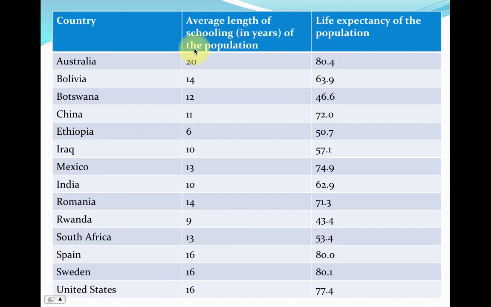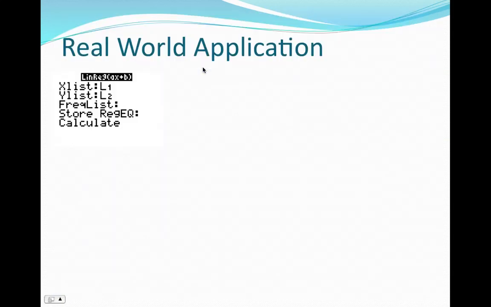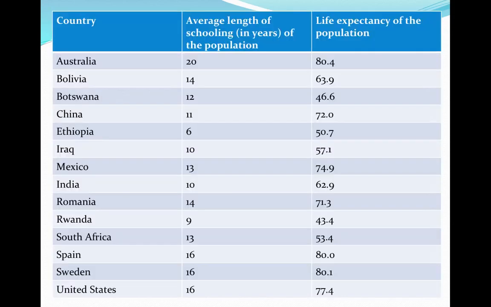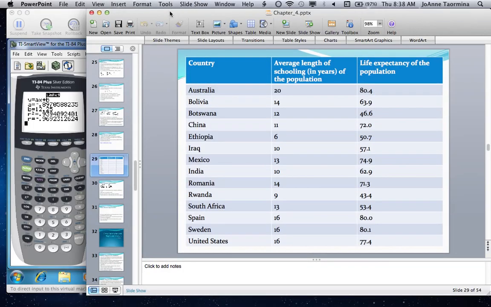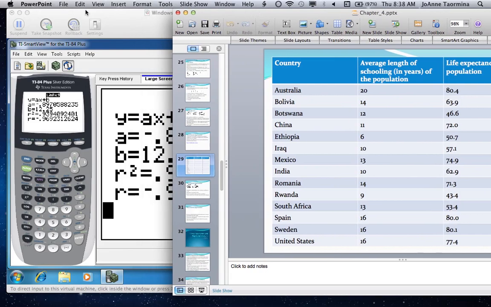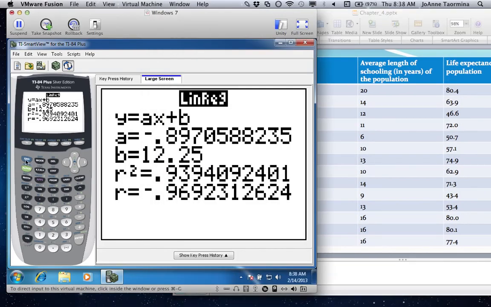So we have an X and a Y for each country. We're going to put the X values in L1 and the Y values in L2, and then we are going to run linear regression.